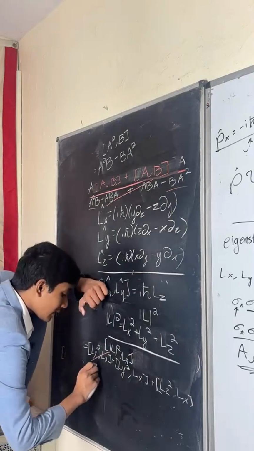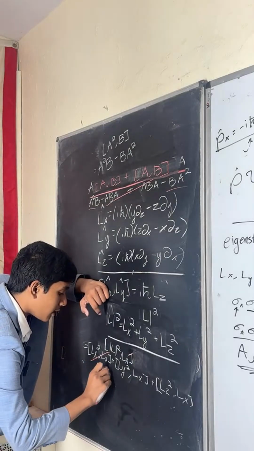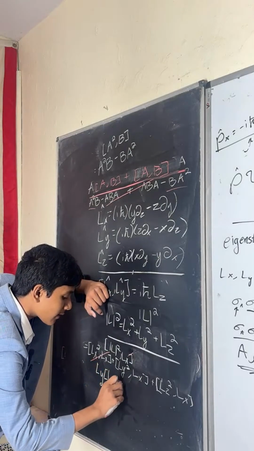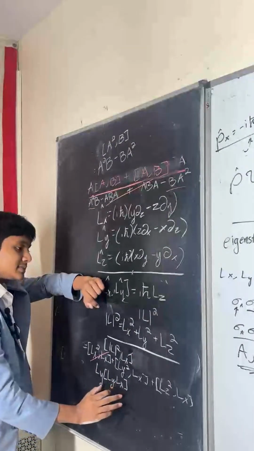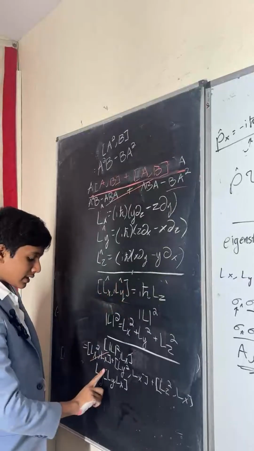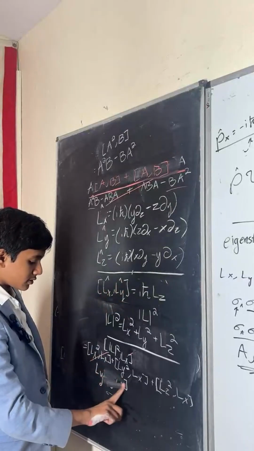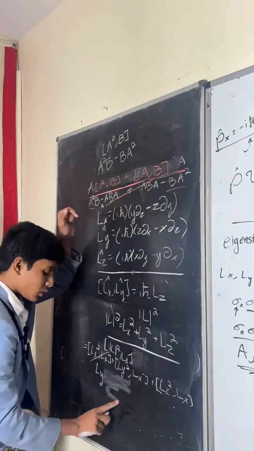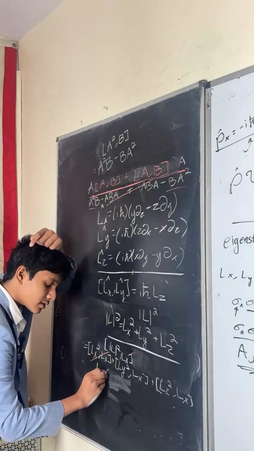We get Ly times the commutator of Ly, Lx. And what does this become? Well, it's just this, but flipped. That's how commutators work. When you flip the order, you get a minus sign.